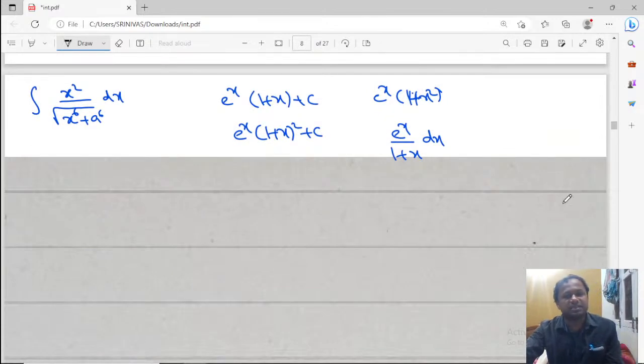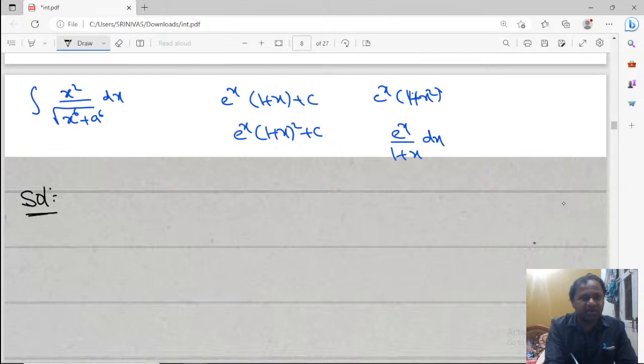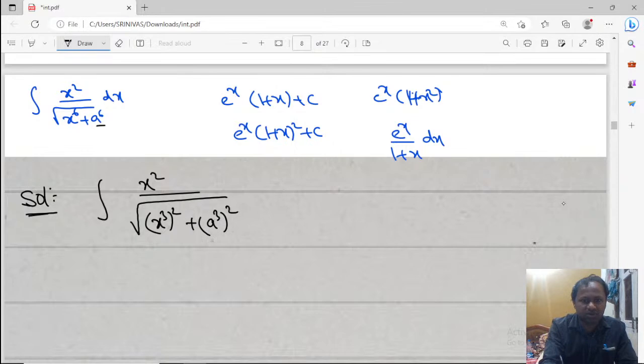Next, this is also similar to a theory question because K-set problems will be easy. Okay, so how should I write? Integration of x square divided by under root of x square, I will take x power 6, I will write it as (x cube) whole square, plus this one I will write as (a cube) whole square, into dx.